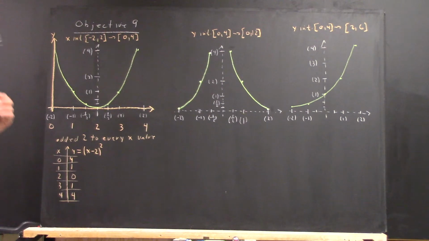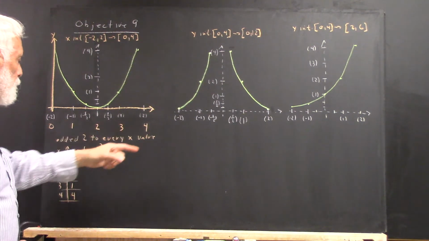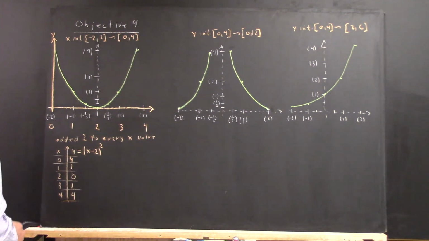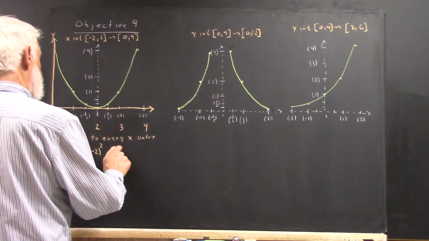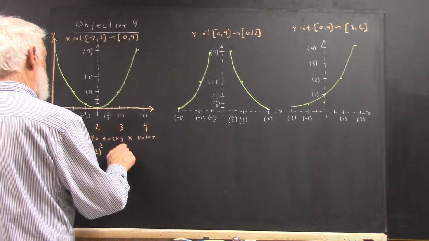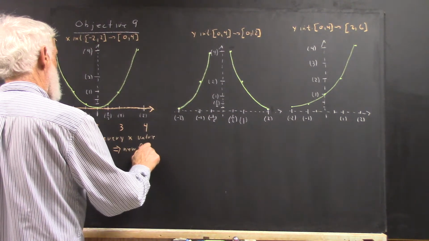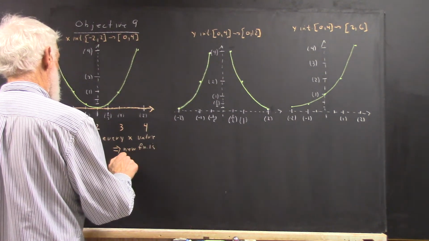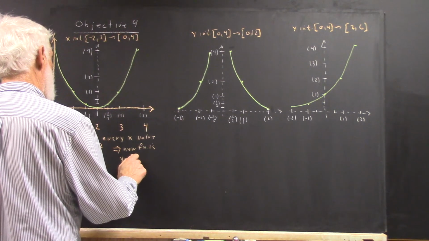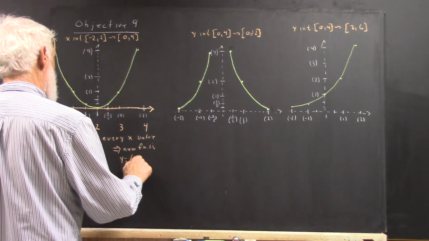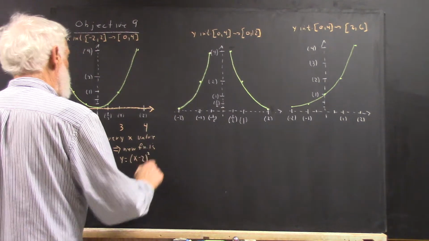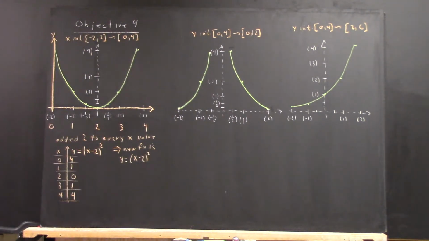So what happened was, adding 2 to every x value gives you a new function that's y equals (x minus 2) squared.